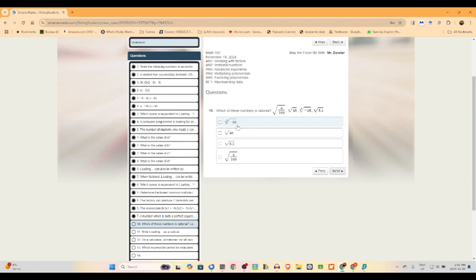So the cube root of negative 16. Negative 16 does not have any prime factors with exponents that are multiples of 3. That is a negative 2 exponent 4. So this is not rational. The square root of 48 is not rational. That's 3 times 16.